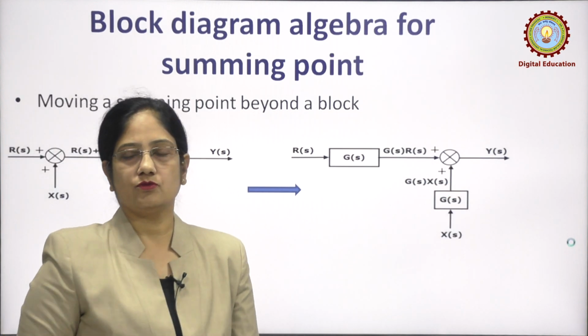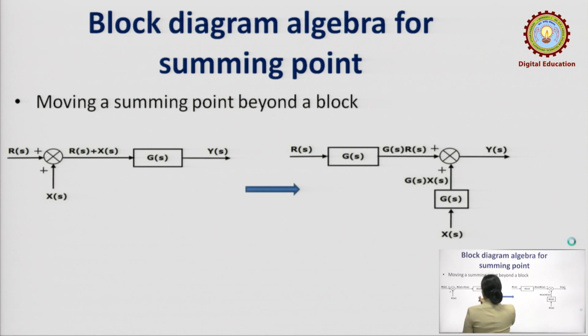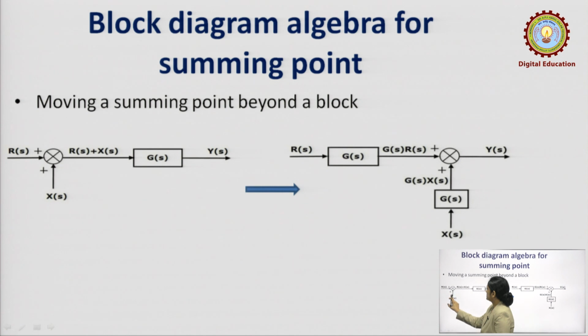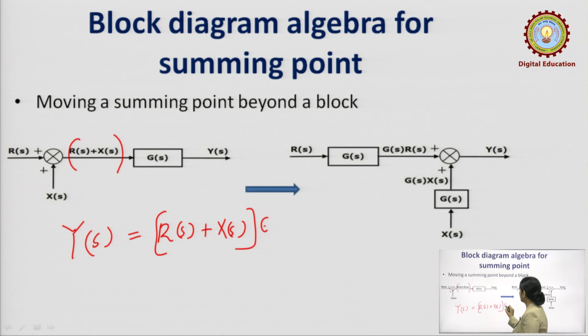Now, next is if you want to move the summing point beyond a block. Here, the summing point has been moved beyond this block. Let us check the output. The input here is r of s plus x of s, so y of s with this position of the summing point and block is r of s plus x of s, multiplied by g of s.